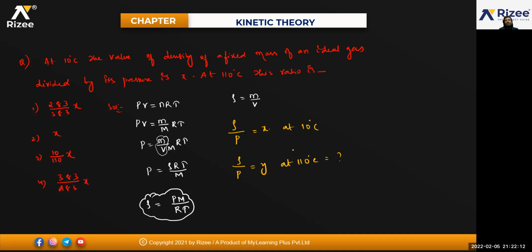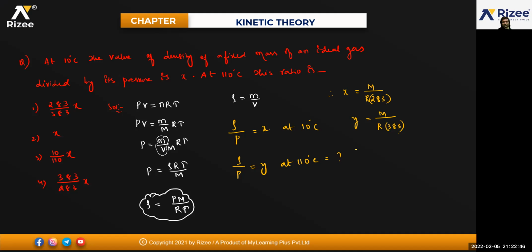So I can write here x will be equal to M divided by R into temperature. Temperature is how much? 273 plus 10, it will be 283. And y will be equal to M divided by capital R into 110 plus 273. That will be equal to 383.